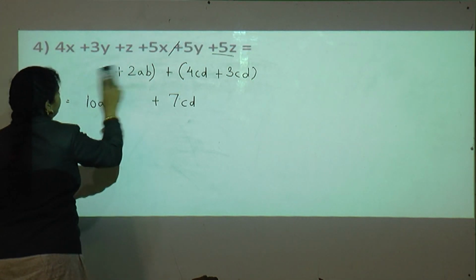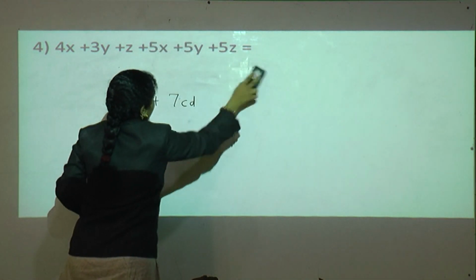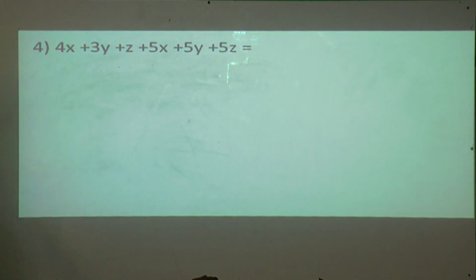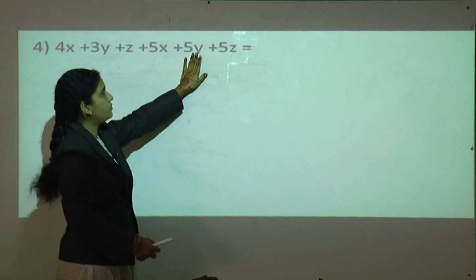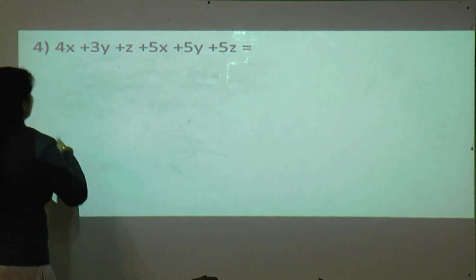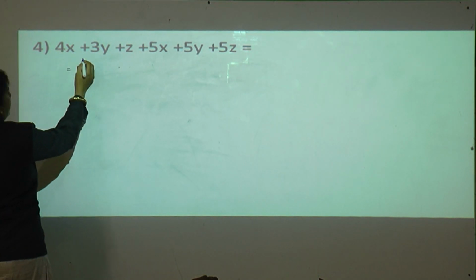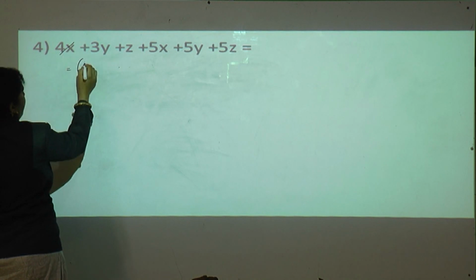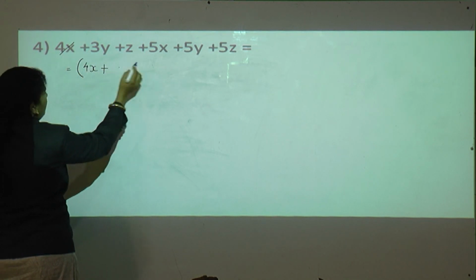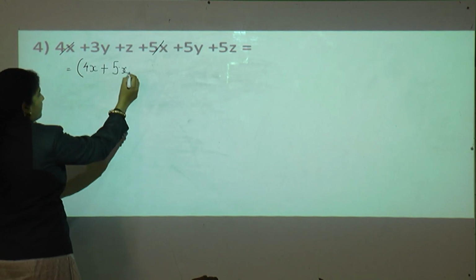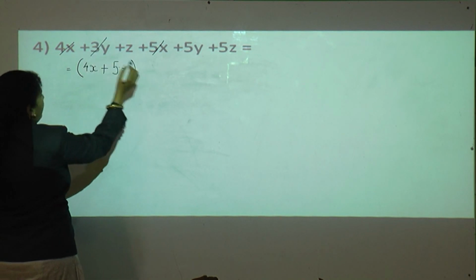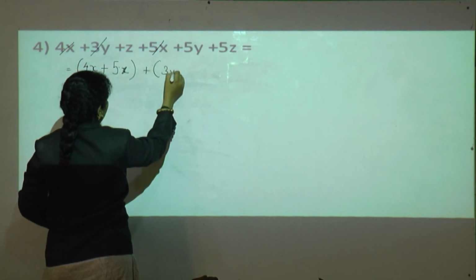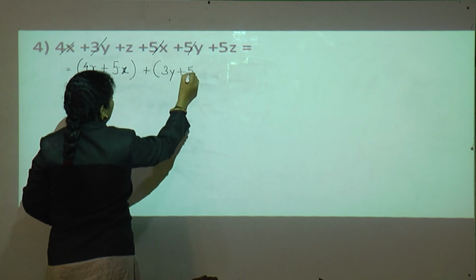Here fourth one. See, 4x plus 3y plus z plus 5x plus 5y plus 5z. Here first we'll make the group of x, 4x, now 5x here. Now we'll make a group of y, 3y plus 5y.